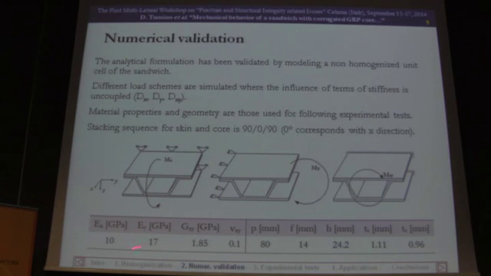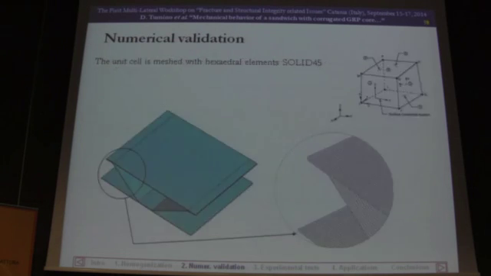And in fact, the elastic constants in the two directions are quite different. And the other one is the geometry of the core. So this is the model used for the benchmark, and this is the element used for the simulation, and this is in particular the mesh.